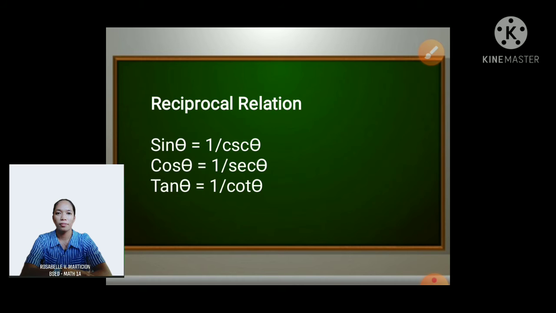The alternative of tan theta equals 1 over cot theta: cot theta equals 1 over tan theta, or cot theta times tan theta is equal to 1.